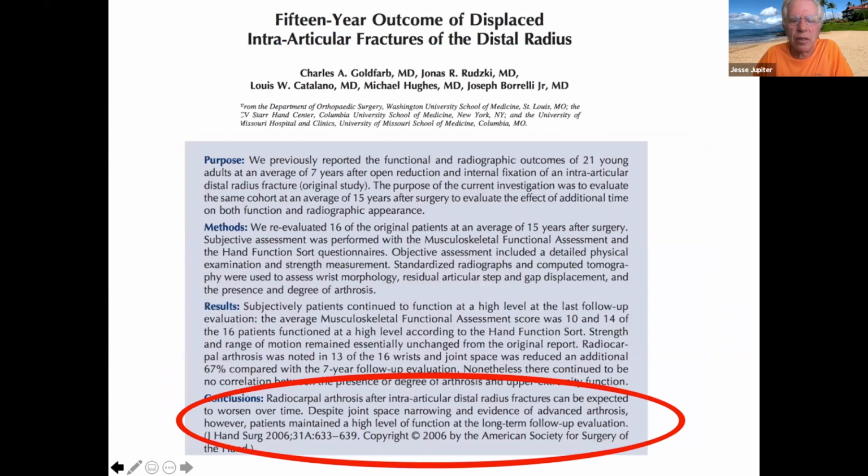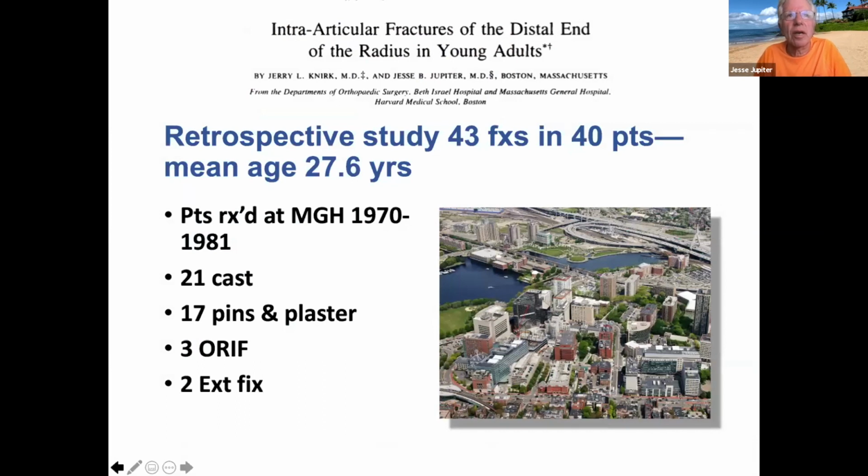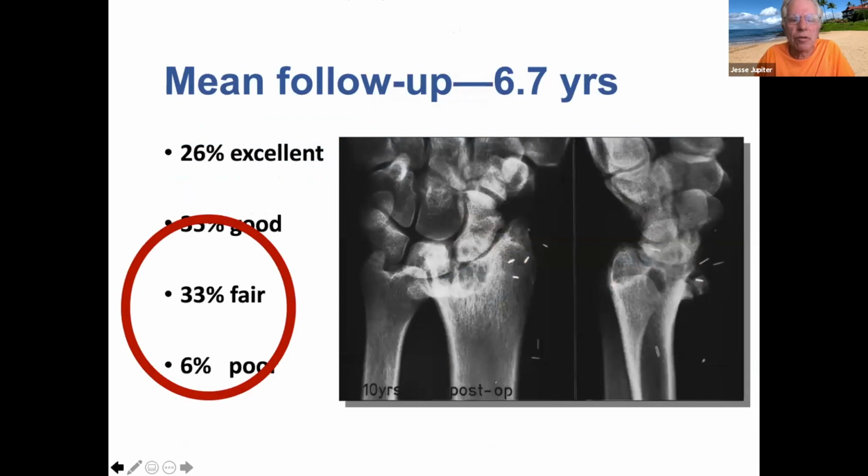And we've had studies, this one from St. Louis, finding that even following identifiable radiocarpal arthrosis, patients can be functioning very well. At the same time, if it's not well reduced and associated with carpal problems, as we found in this study, a certain group of these patients will not do well.